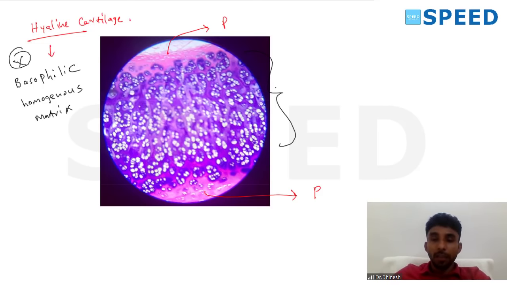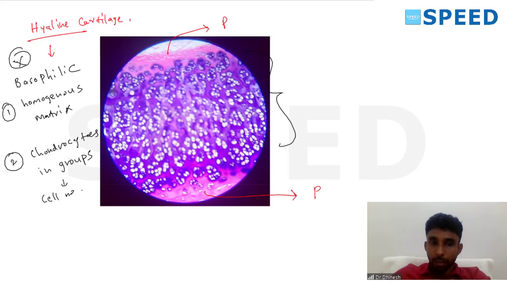That is one of the identification points. And the chondrocytes are arranged in groups, which are called cell nests.